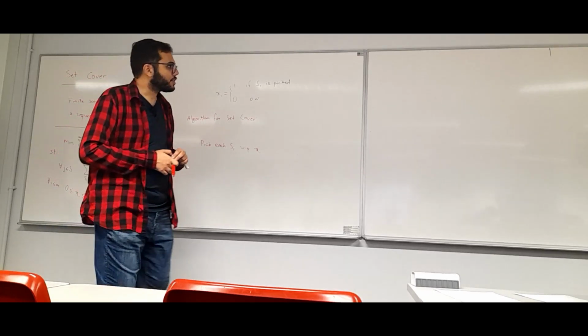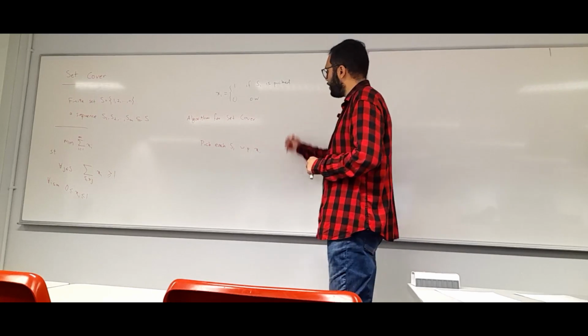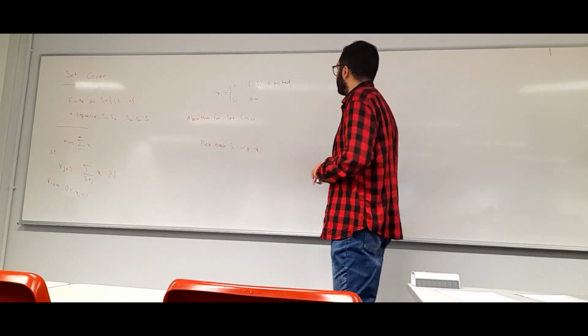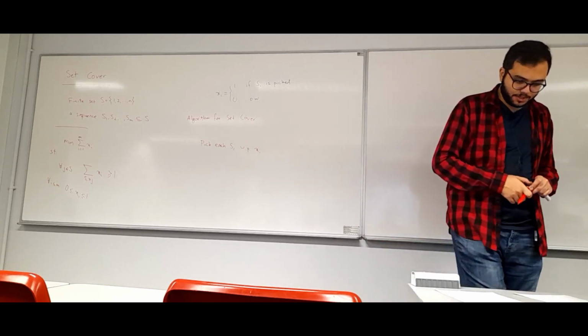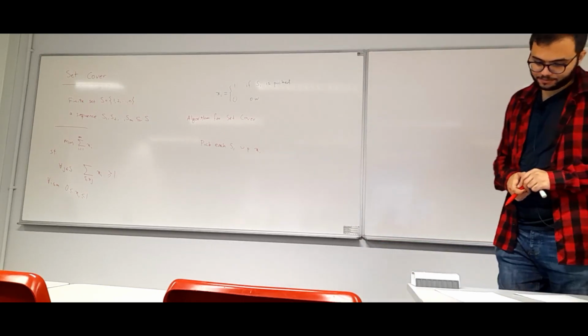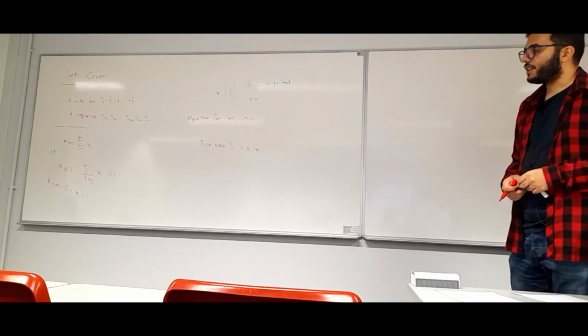Okay, so let's first do the probability thing, and we have to edit this algorithm to make the probability work. So what is my probability of success? Let's find the probability of failure instead.